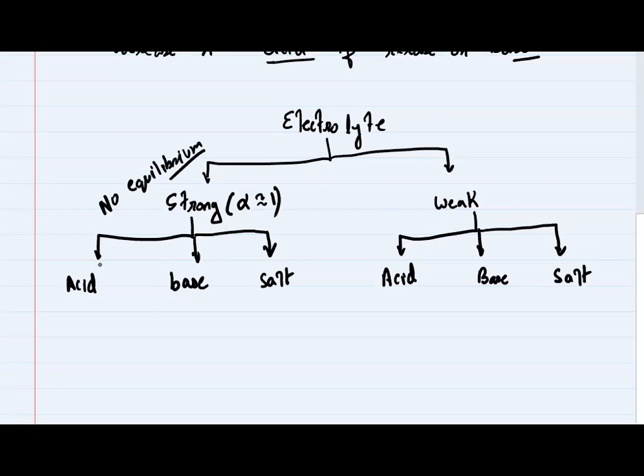So we don't have to think about equilibrium for the strong cases. In weak, alpha is less than 1, so equilibrium is involved.